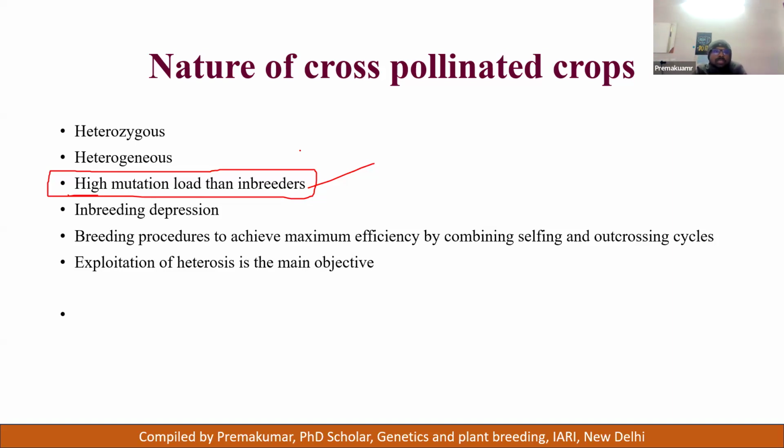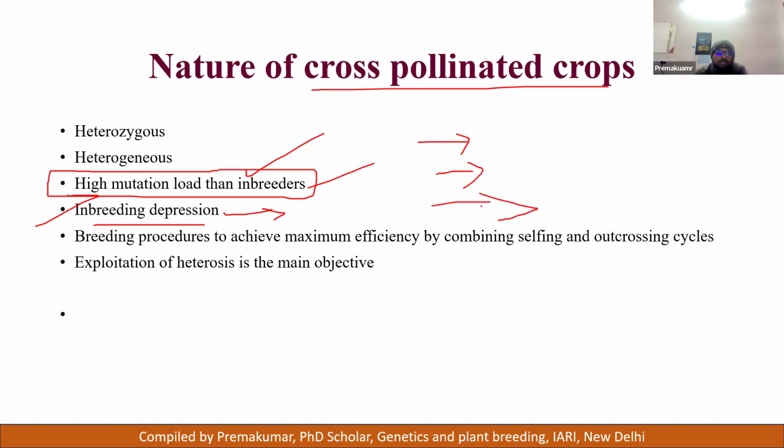Another important nature of cross-pollinated crops is inbreeding depression. Because of this, whenever you enforce continuous selfing in a cross-pollinated crop, there will be high inbreeding depression. Especially, you should remember the classification: high inbreeding depression crops, moderate inbreeding depression crops, low inbreeding depression crops.